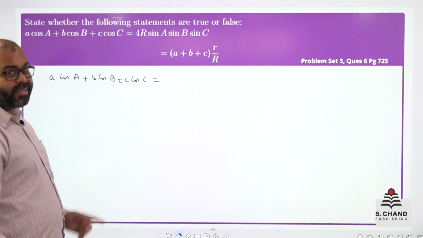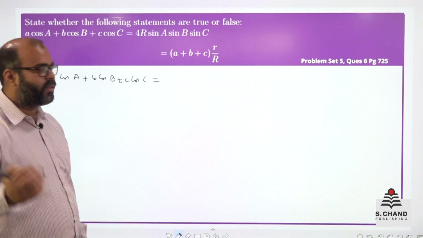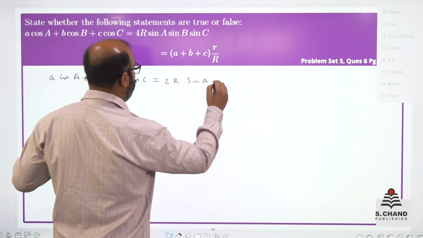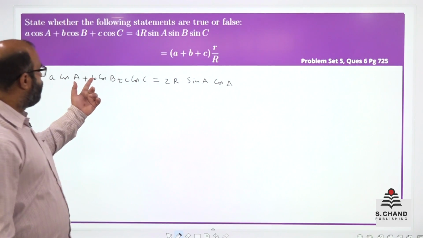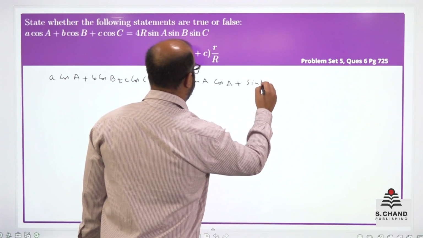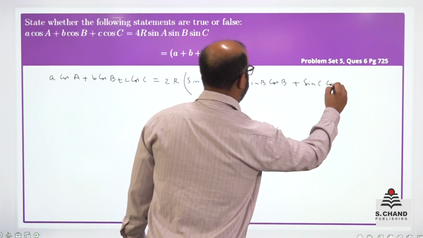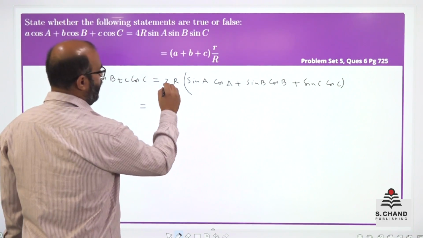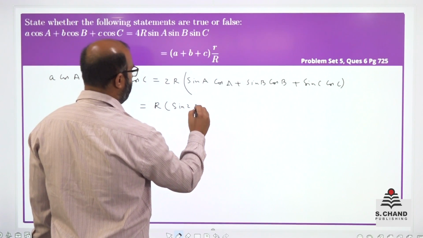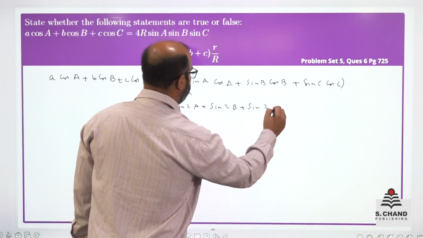Now what is a by sine rule? a by sin A is equal to 2R, so it is 2R sin A multiplied with cos A. What is b? 2R sin B. So 2R is taken common, sin B cos B, then plus sin C cos C. Now let us multiply 2 inside everywhere. So 2 sin A cos A will be sin 2A, this will be sin 2B, this will be sin 2C.